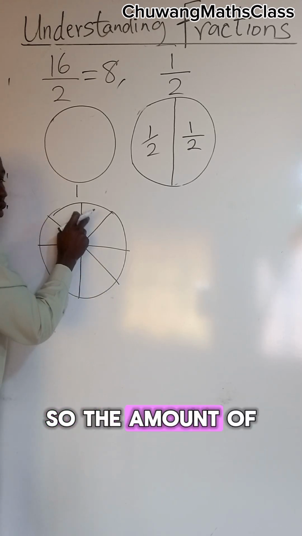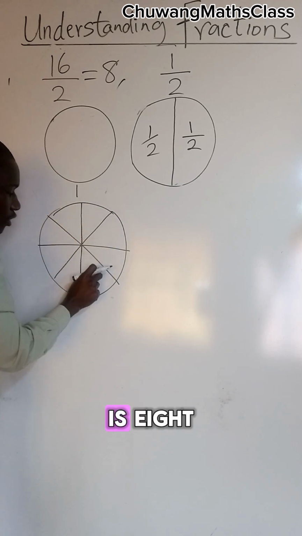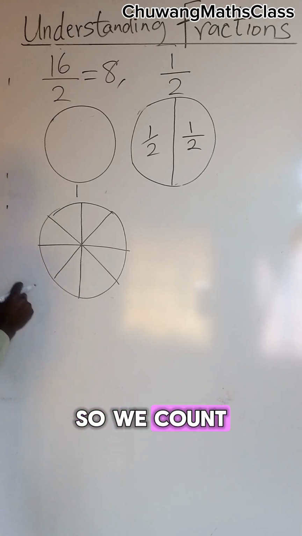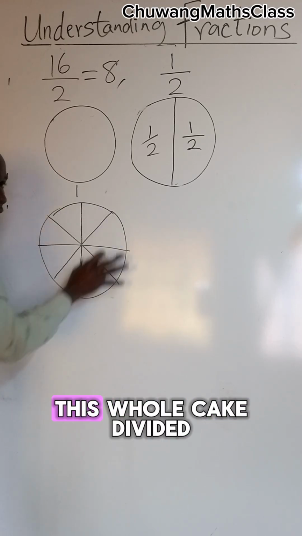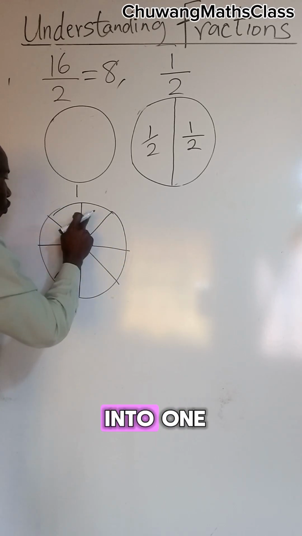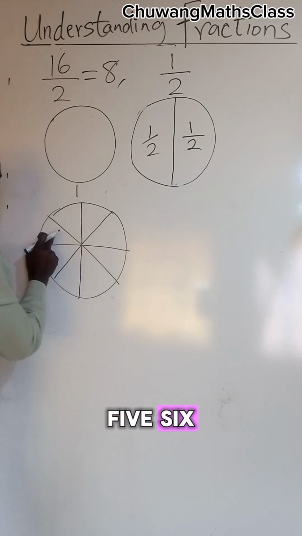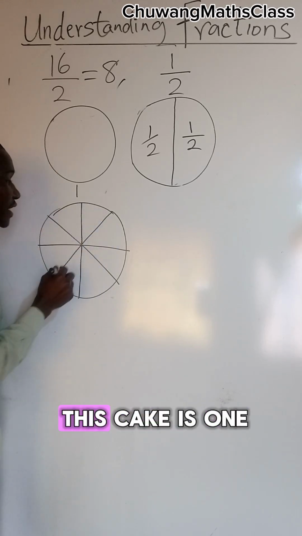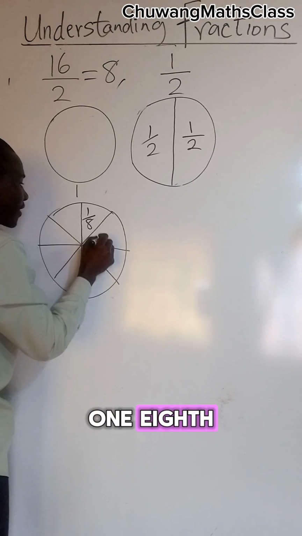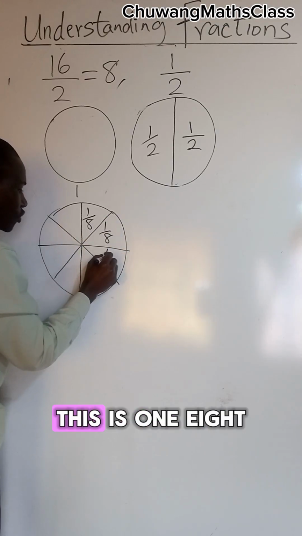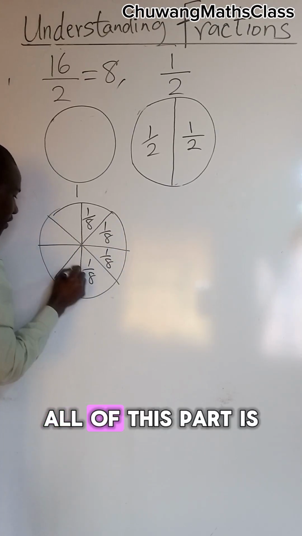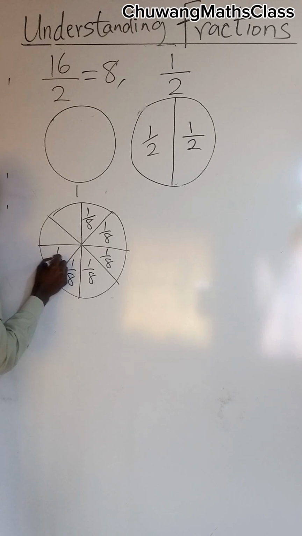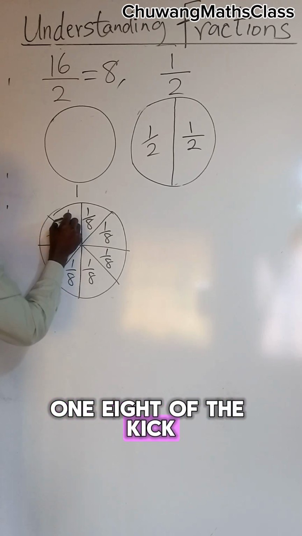So what is the amount of each part? We count. How many parts was this whole cake divided into? 1, 2, 3, 4, 5, 6, 7, 8. So each part of this cake is 1/8. All of these parts are 1/8 of the whole cake.